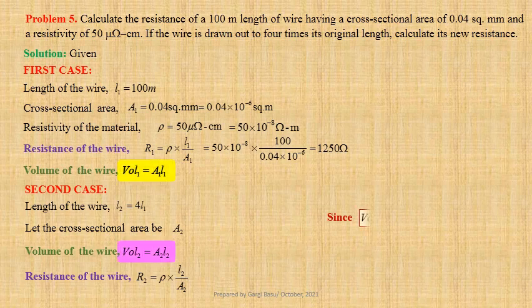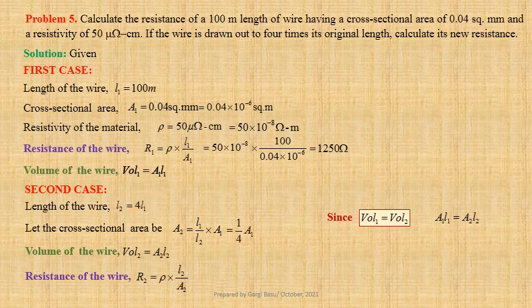Since vol1 equals vol2, A1 into L1 equals A2 into L2. Therefore, A2 equals L1 by L2 into A1, that is equal to 1/4 A1.